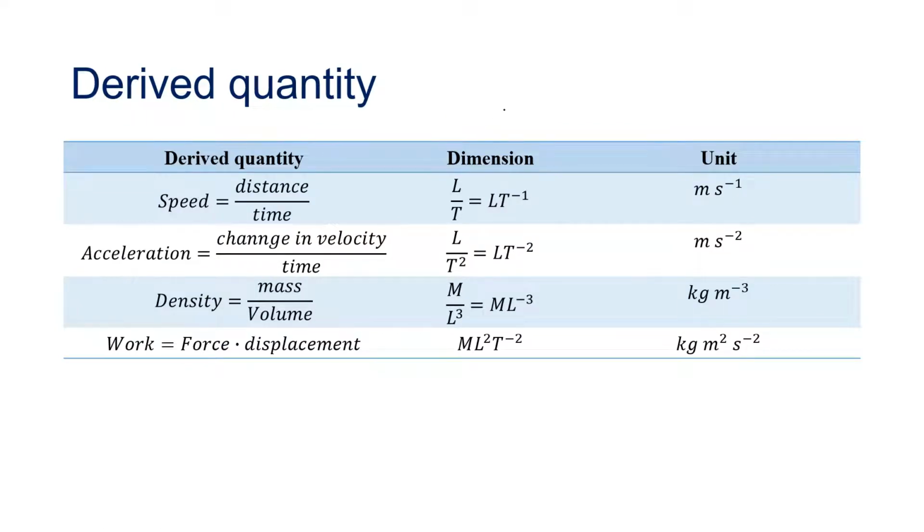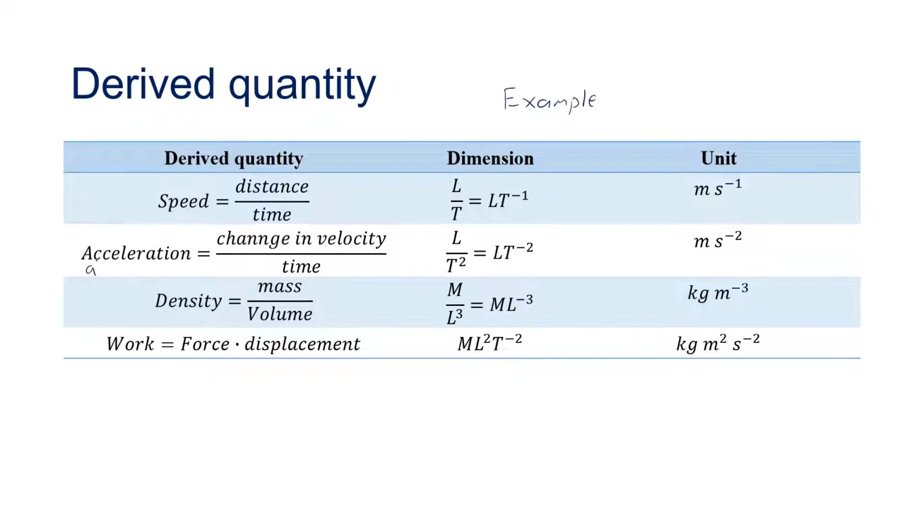Now here are some examples. You can take a look. The speed we already discussed, which has this unit, and acceleration is defined by the change in the velocity over the time. Now the velocity is not the same as speed, but they have the same dimension and the same unit. But in terms of the physics concept, it is a bit different. We will explain this later. So from here, we know this is a change in the velocity. Let's say this is acceleration.